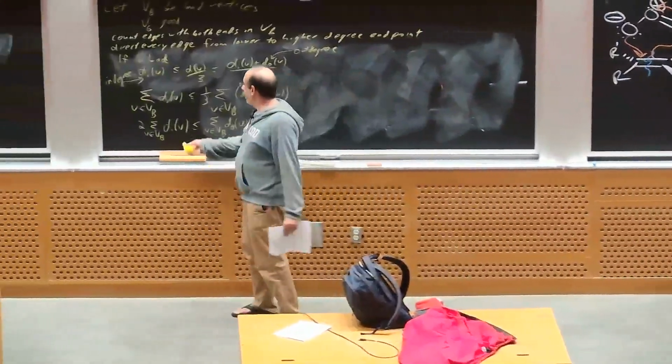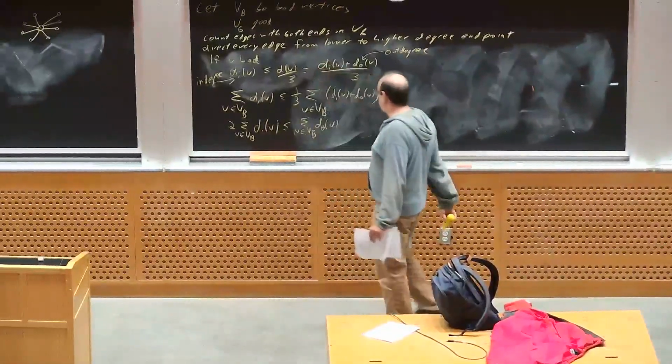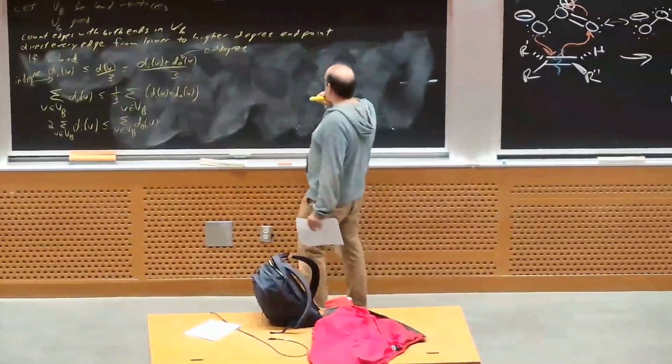Or in other words, the sum of the bad in degrees is only half of the sum of the bad out degrees.